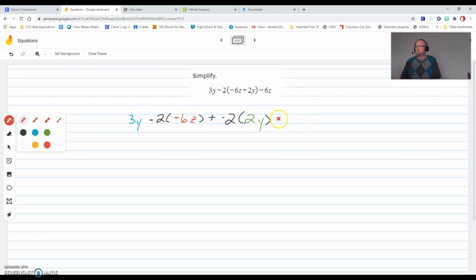So I have another minus 6z over here. All right, so now I can go through and I can do my multiplication here.